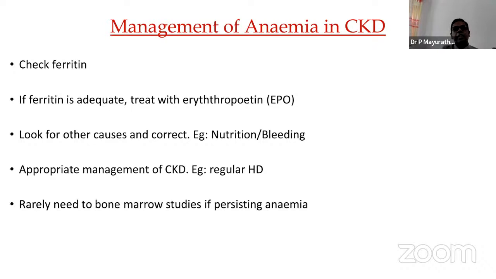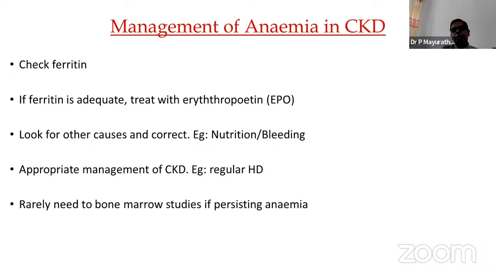If necessary, you go for endoscopy, especially upper GI endoscopy, followed by lower GI endoscopy. There may be dual pathology in these patients. That may be the reason for the patient not getting the expected hemoglobin rise. So those investigations should be arranged.